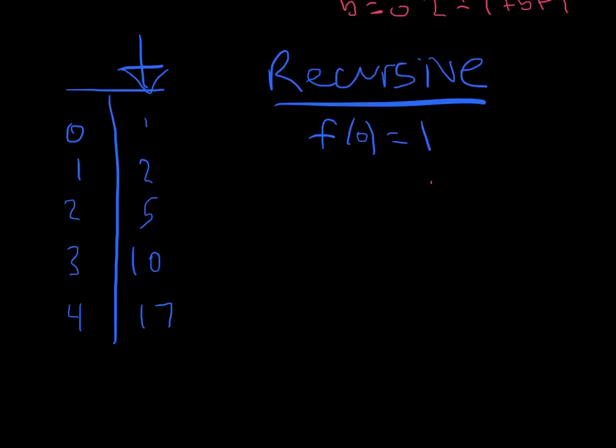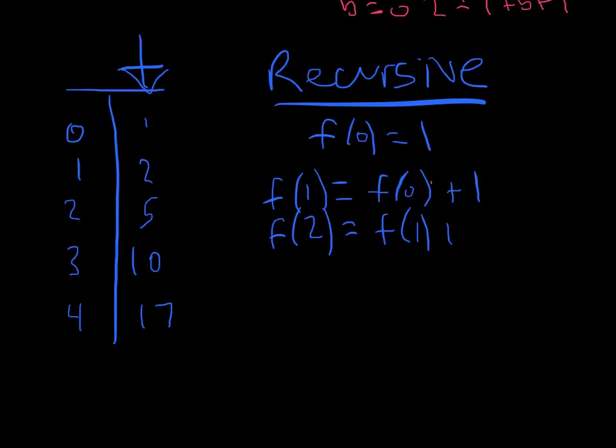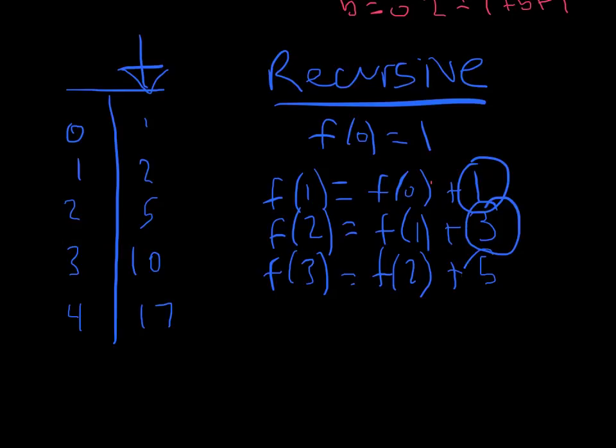So we're just going to see that when I have f of 1, I'm taking f of 0, which is 1, I'm adding 1 to it. And then for f of 2, I'm taking f of 1, and I'm adding 3 to it. F of 3, I'm taking f of 2, adding 5 to it. So these are the terms that I'm concerned about.